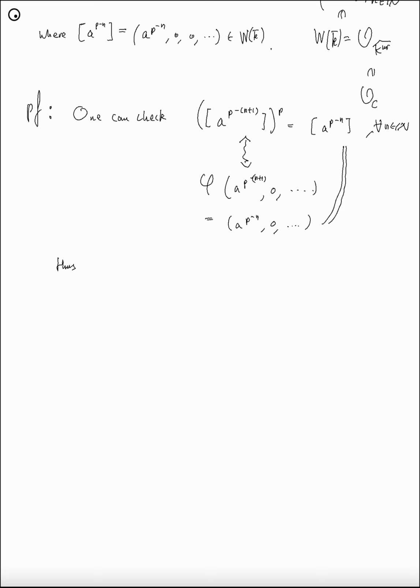Thus this a to the power p to the minus n is an element in R, because it satisfies this transition map, right?